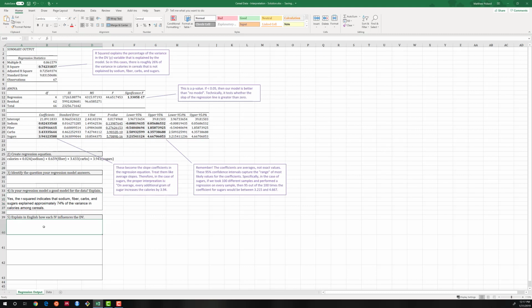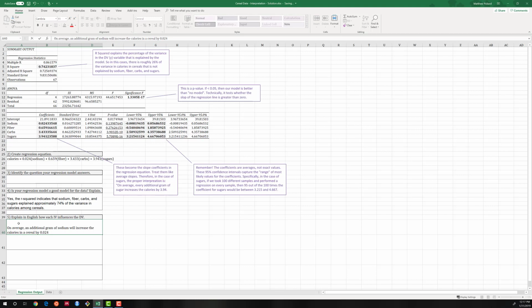Now let's practice interpreting each of these coefficients. So let's start with sodium. We'd say on average, an additional gram of sodium will increase the calories in a cereal by 0.0254.